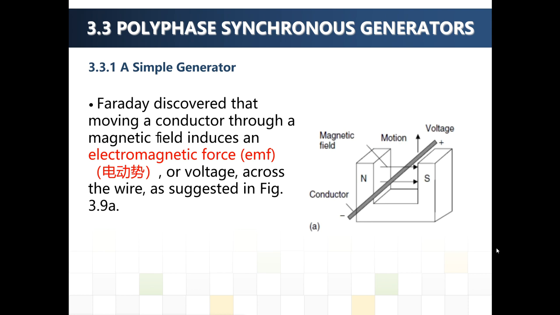A simple generator. This slide shows that Faraday discovered that moving a conductor through a magnetic field introduces an electromagnetic force across the wire. The electromagnetic force is also called a voltage.